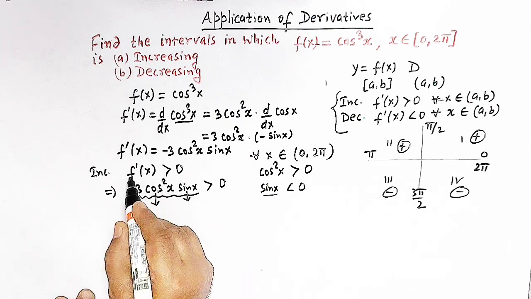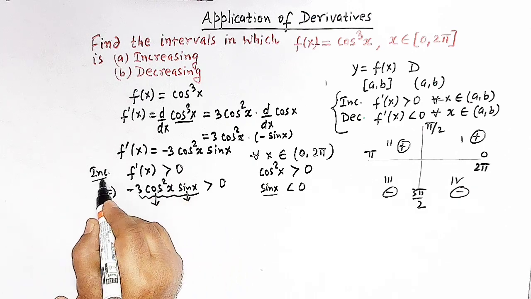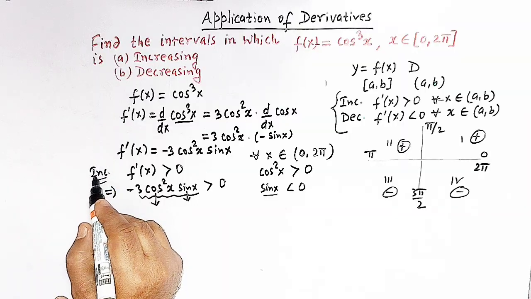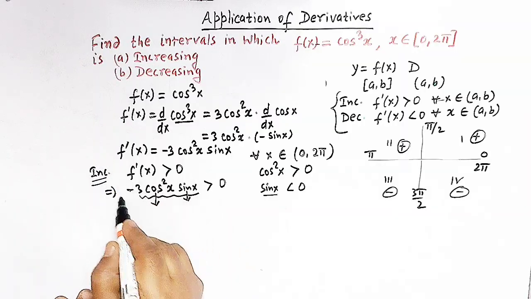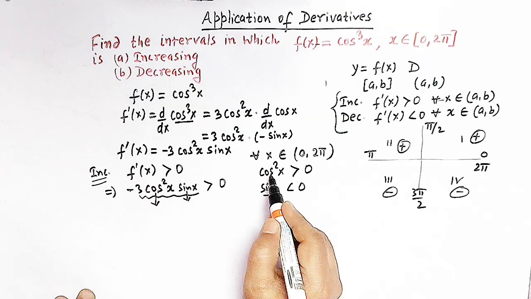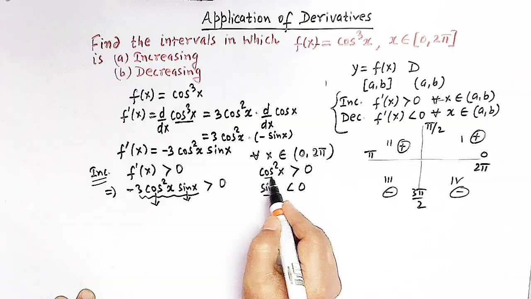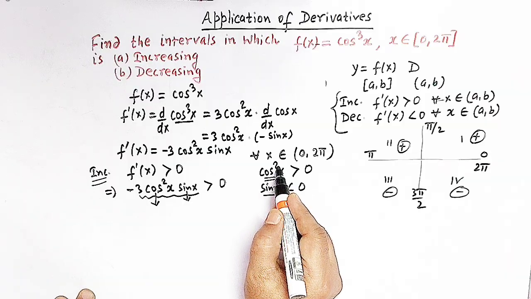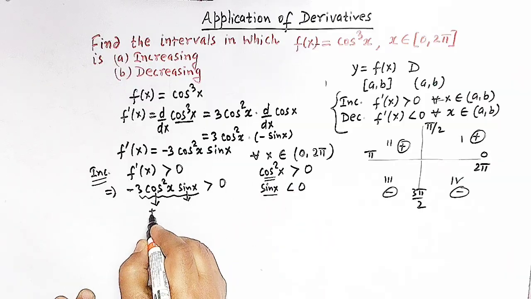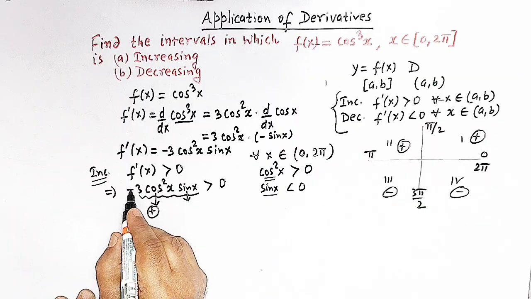Now f prime of x should be greater than 0 for the function to be increasing. So this entire term has to be greater than 0, but cos square x is greater than 0 because it is a square term. So this term is positive, and here we have the negative sign.